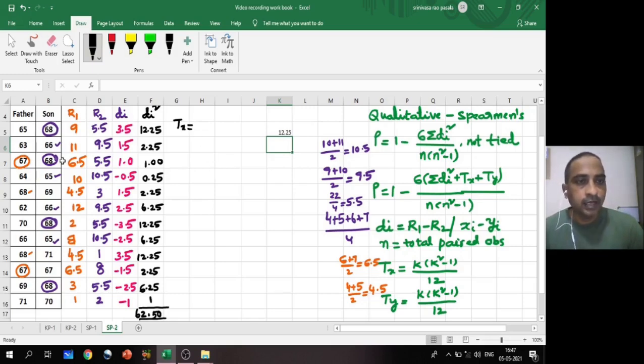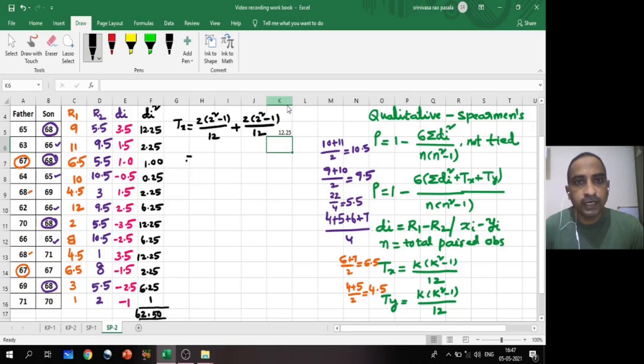So how many times are ranks repeated here? The first one is 4.5, 4.5, that means 2 times. So 2 into 2 square minus 1 by 12, plus another rank is also repeated 2 times, 6.5, 6.5. So again 2 into 2 square minus 1 by 12.